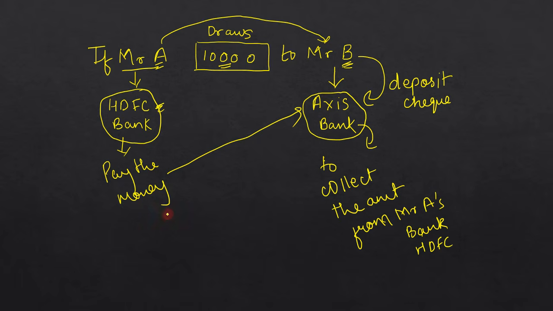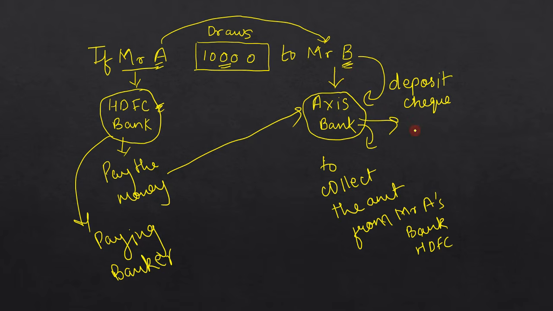Now here HDFC Bank will be called as paying banker. Why? Because to clear the check, the HDFC Bank will pay the money to Axis Bank, that is B's bank.